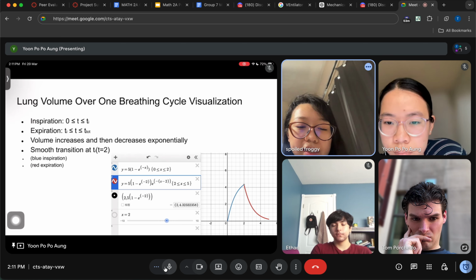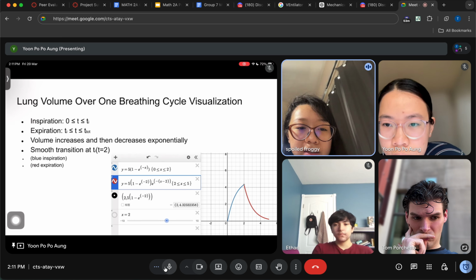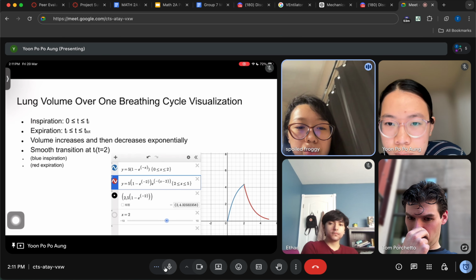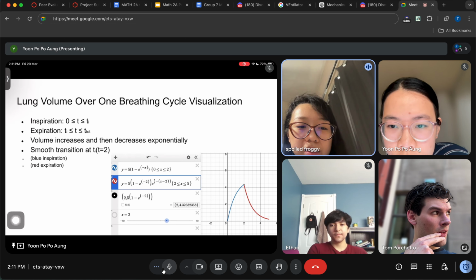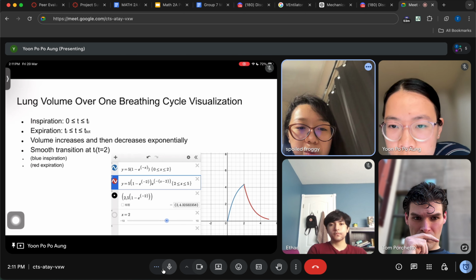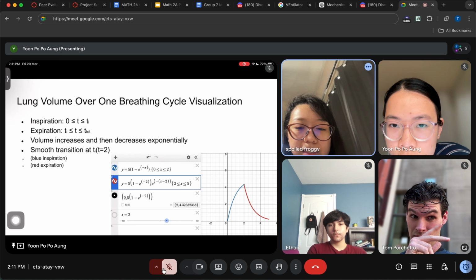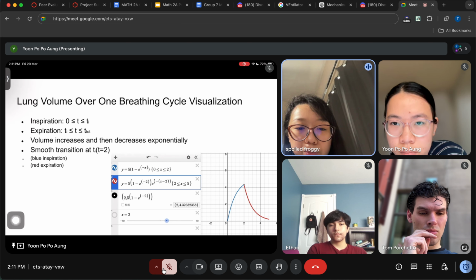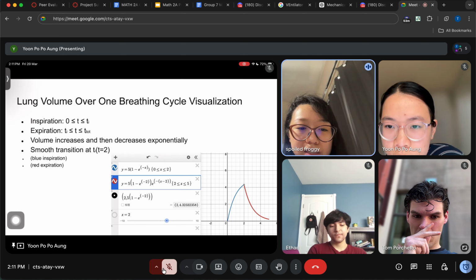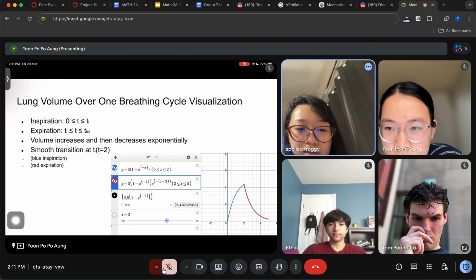The lung reaches a maximum volume. After that, from t equals 2 to 5, the red curve represents the expiration, where the volume decreases exponentially. The transition at t equals 2 is smooth, meaning the model is continuous and physically realistic. I mean, kind of.